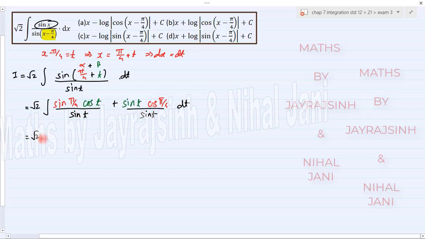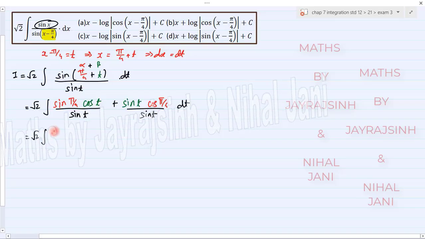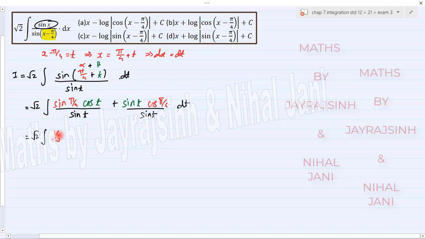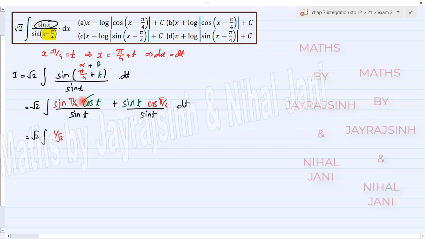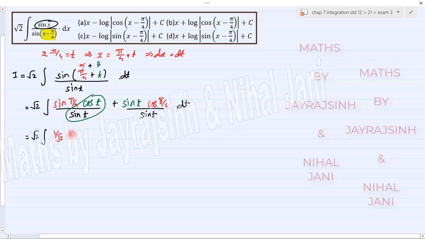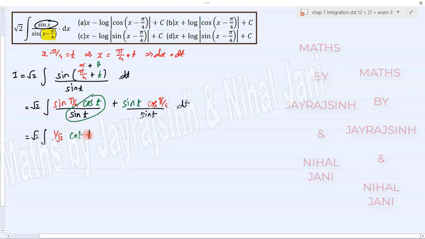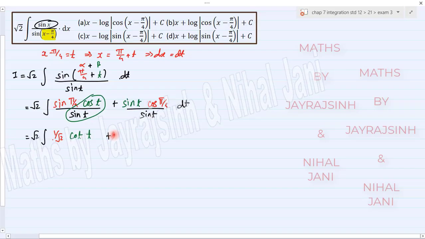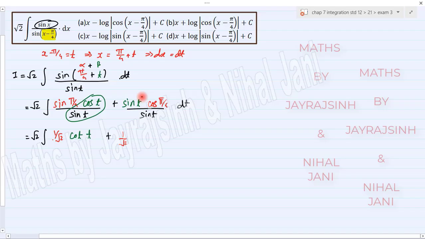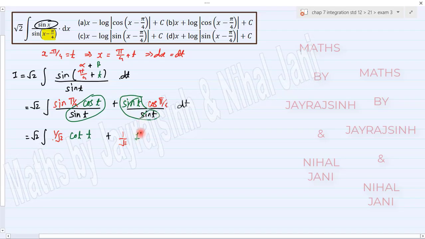So our function will be simplified as this sin pi by 4 is simply 1 upon root 2, and your cos t upon sin t will become cot t, plus this cos pi by 4 is again 1 by root 2, and sin t upon sin t will cancel out and we will get 1 dt.